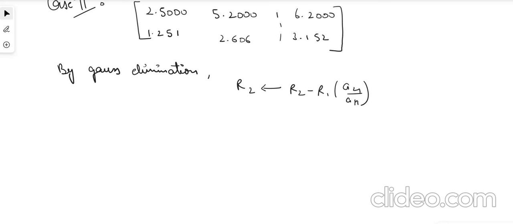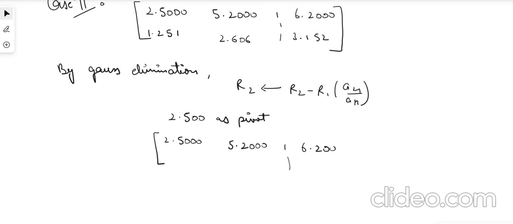Now converting the augmented matrix into a diagonal matrix with the help of 2.500 as the pivot, we get the next matrix: 2.5000, 5.200, 6.2000, and here 0.04952.